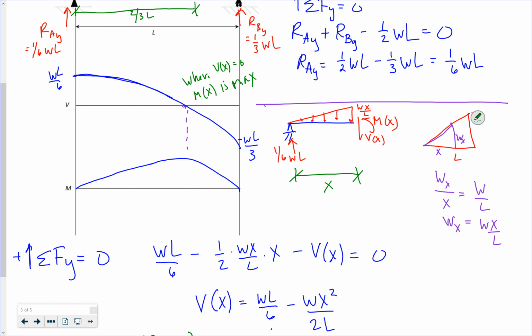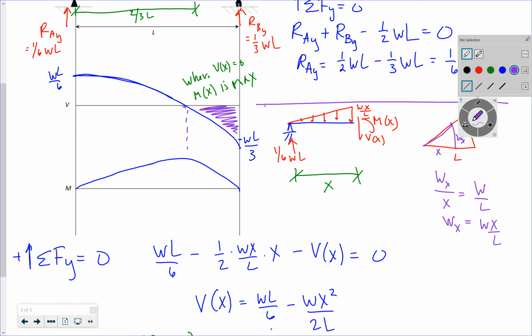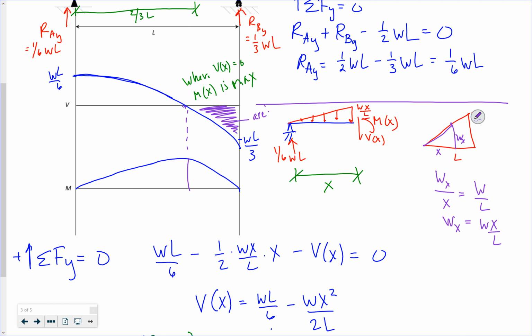I'm not going to do the area under the curve because that's a lot of calculus. But right, if we do the area under this curve, we should get negative WL squared over 9 square root 3.